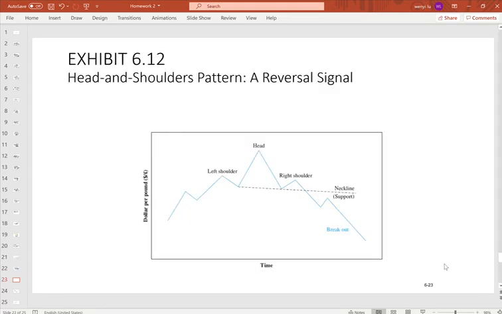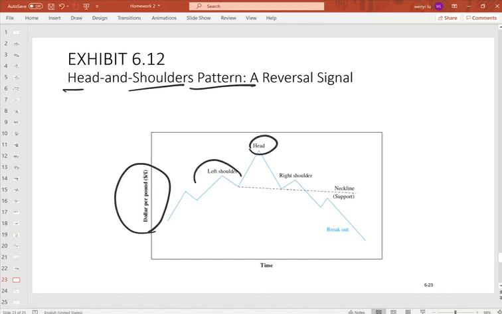Next one is also a very classical and popular pattern. In stocks and in currencies, we call it the head and shoulders pattern. If the price curve of the currency or the stock shows a pattern with a head and two shoulders, it means the trend will reverse.